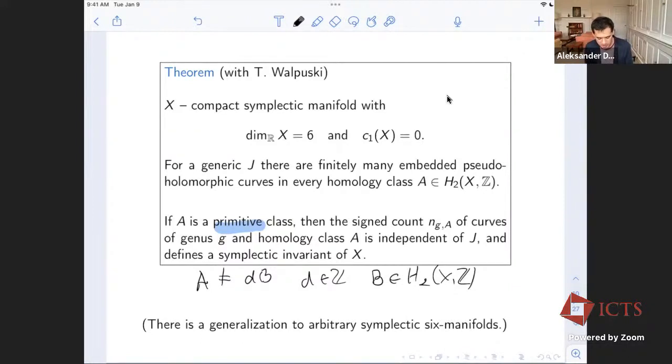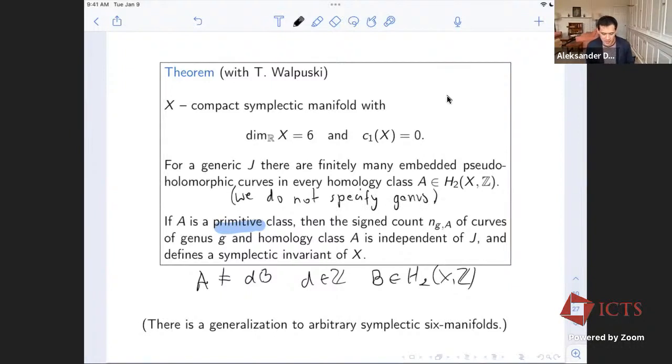So in particular, one thing I want to stress here is that in this theorem, in this statement that there are finitely many embedded pseudo-holomorphic curves, we do not specify the genus of these curves.